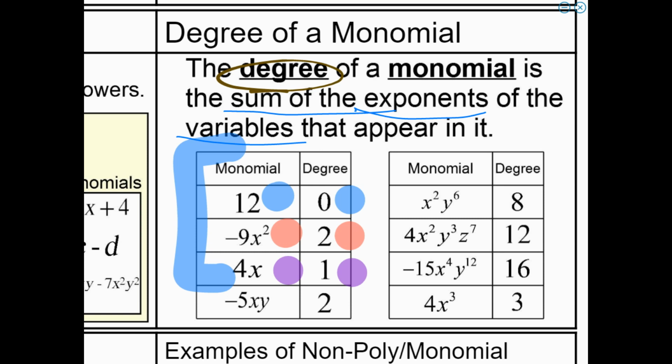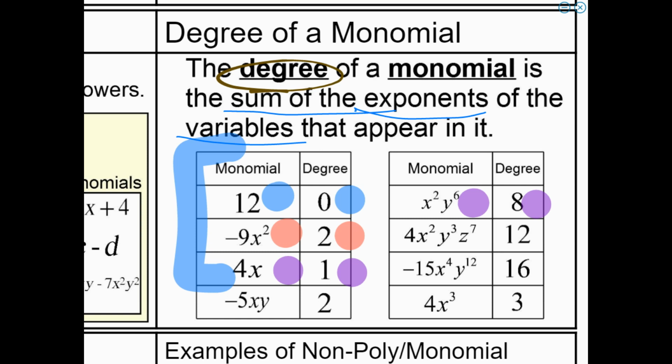The rules change if you have multiple variables in any term. If you have multiple variables, then you have to add your exponents together. So in this one over here that has x squared and y to the 6th, the degree is actually 8 because you add all of your exponents together to figure out what the degree is.